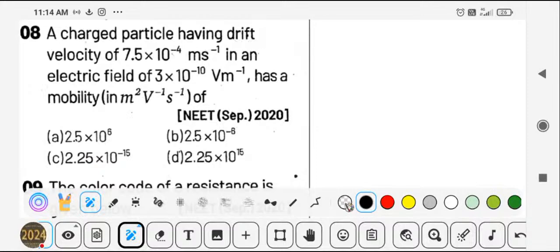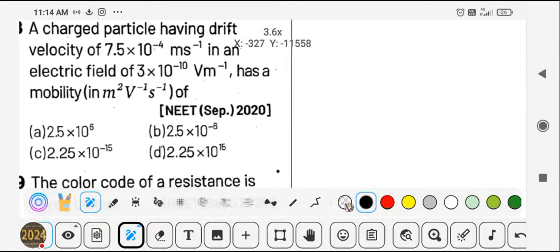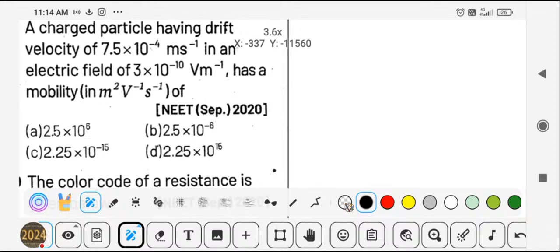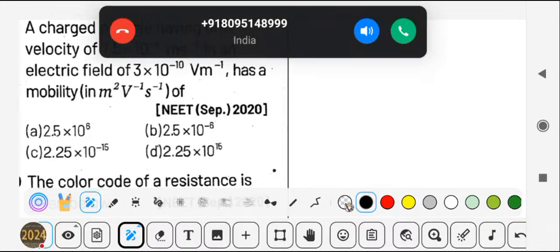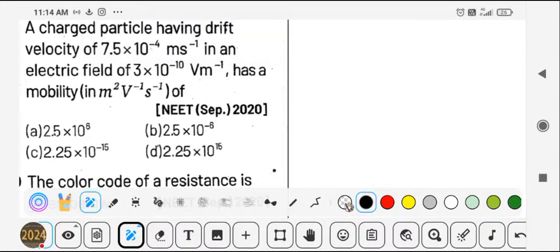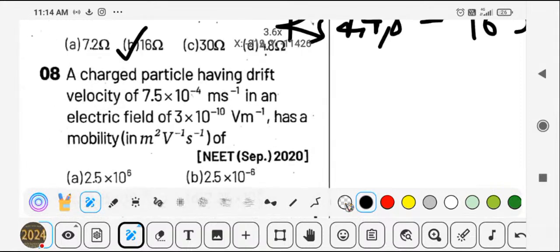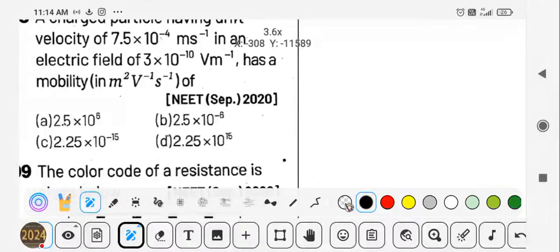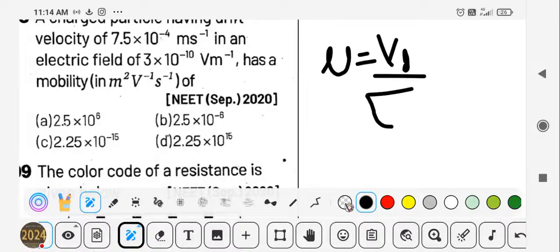It is the eighth question. A charged particle having a drift velocity and electric field has a mobility of. How to find the mobility over here? Mobility is given by mu is equal to Vd by electric field.